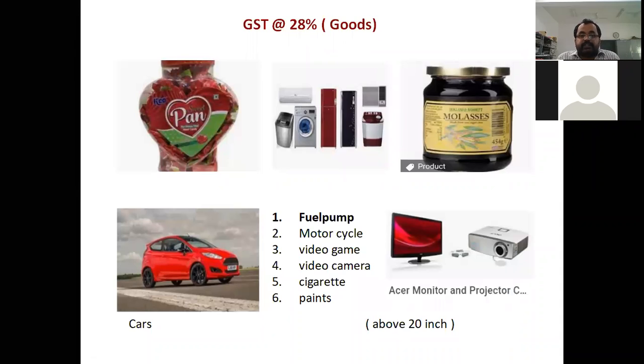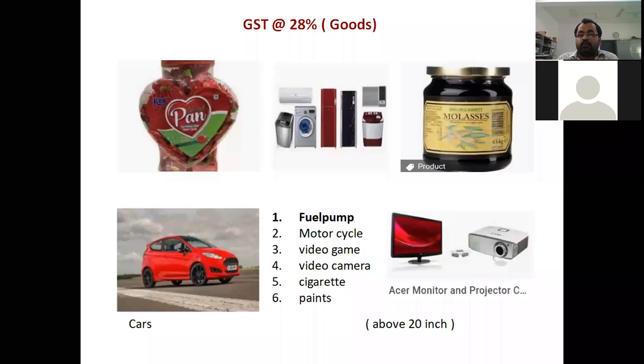Let us move on to the next, GST at 28%. First, 0% GST applies to highly consumable goods, for daily consumption, goods that are needed. Those goods come under the 0% GST rate.